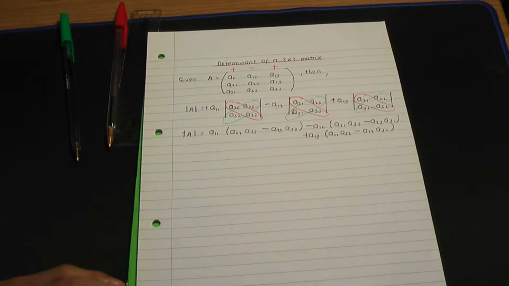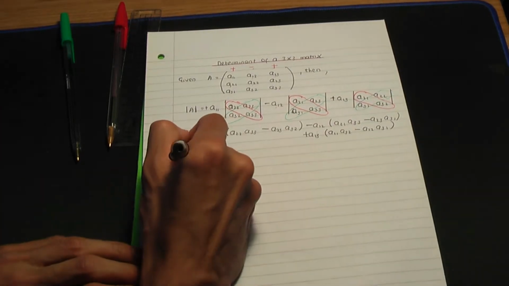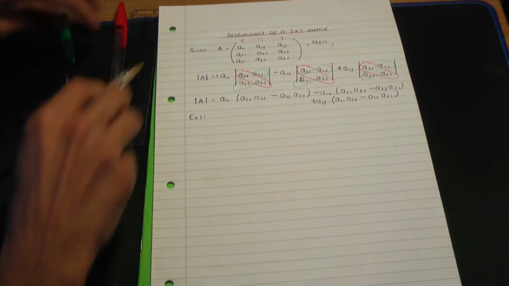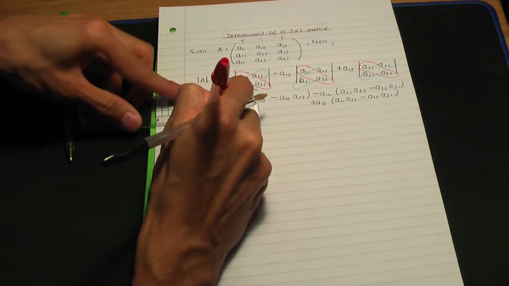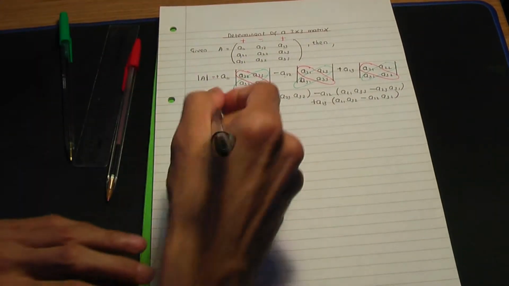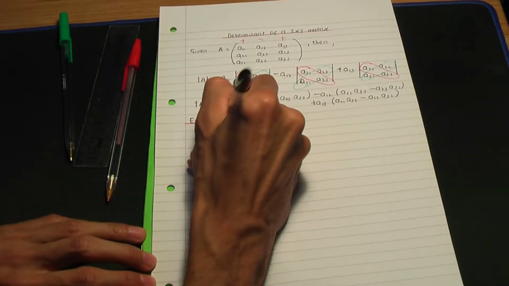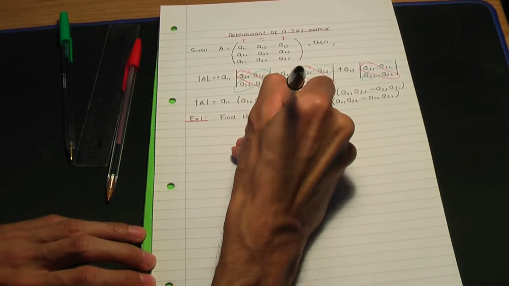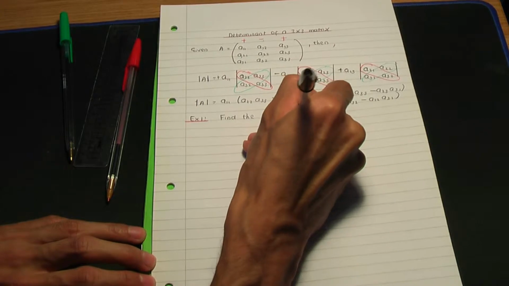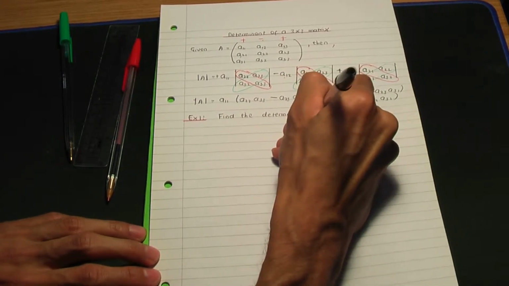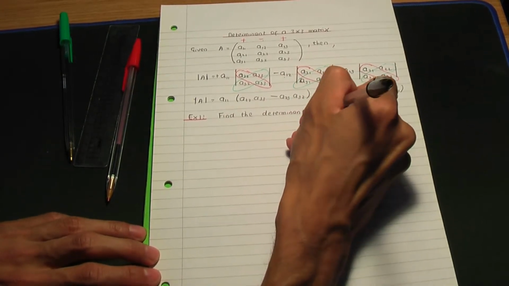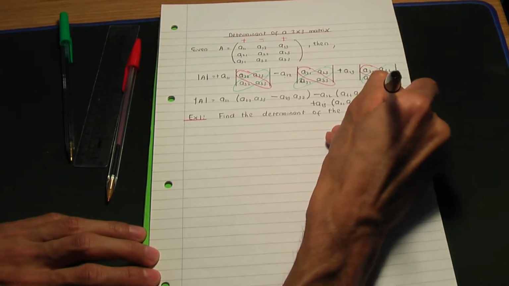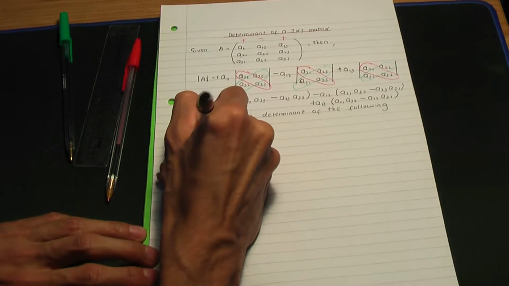So let's try some examples. Example number 1. Let's take a red pen, underline that. So the question is, let's find the determinant of the following matrices.